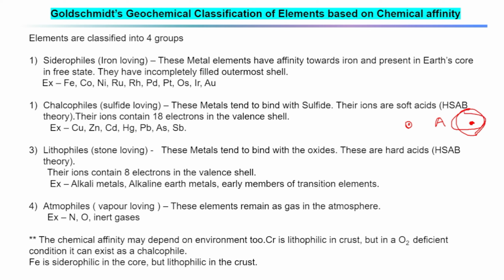This is just a crude way to say that atoms whose electrons are far away from the nucleus can be polarized or deformed. But that will be very difficult in these smaller atoms. That's why these smaller atoms are called hard atoms, and these bigger atoms are the soft atoms.